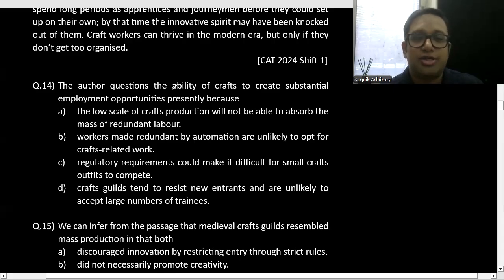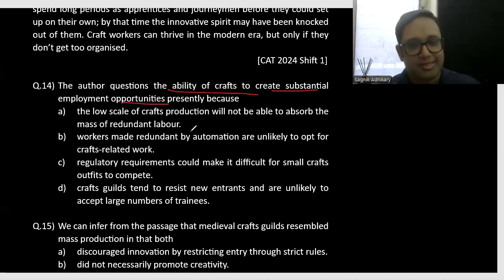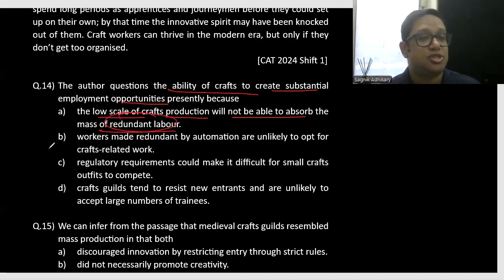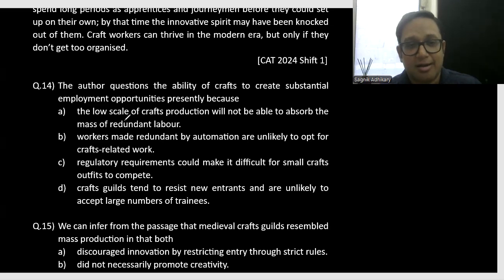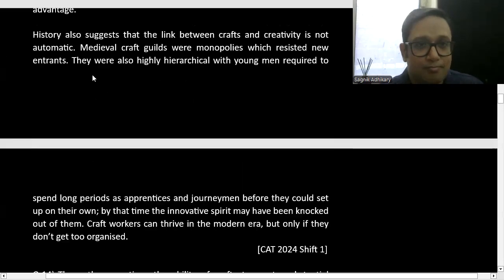Why does the author question the ability of crafts to create substantial employment opportunities in present? Option A: because the low scale of crafts production will not be able to absorb the mass of redundant labor. Incorrect. If we were talking about absorbing the mass of redundant labor, this was, say, from the example of truck drivers. But this is only mentioned as a question. We can see that here.